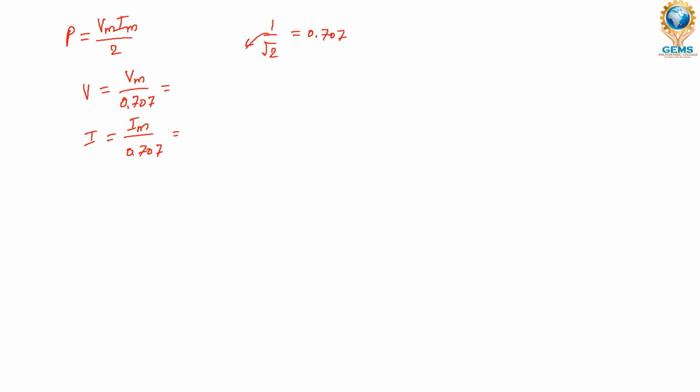So instead of 0.707, I am writing root 2. That is V equals Vm by root 2, and I equals Im by root 2.